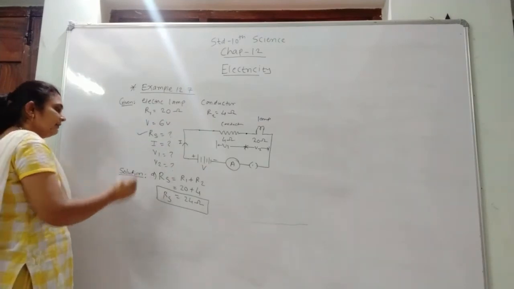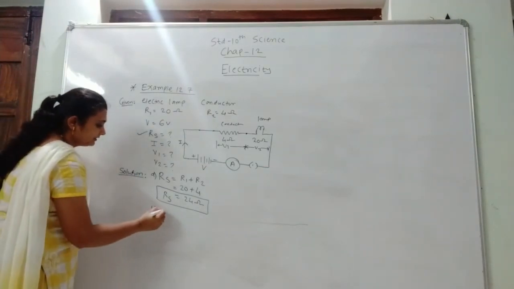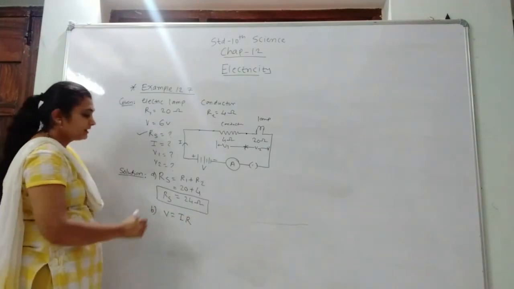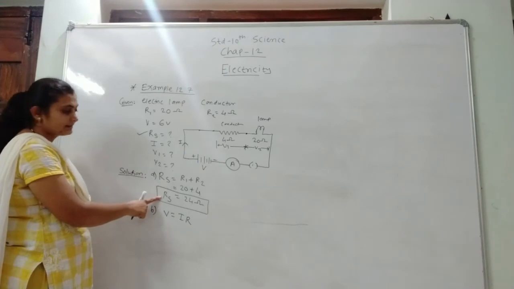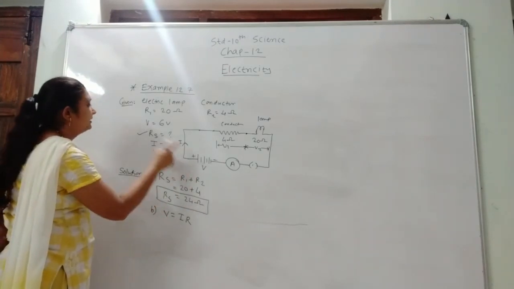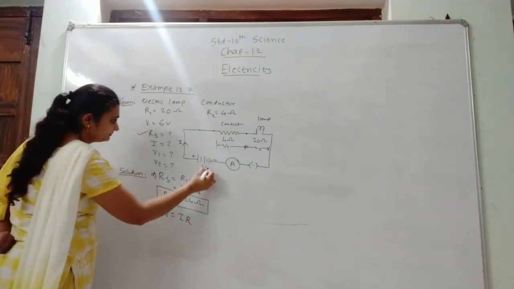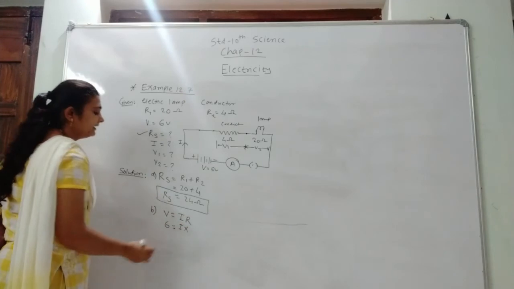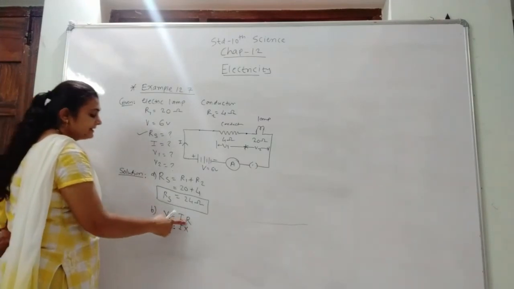Now I. Using Ohm's law, V is equal to IR. Consider the equivalent resistance. V is 6 volt. Current we have to find, and what about the resistance?